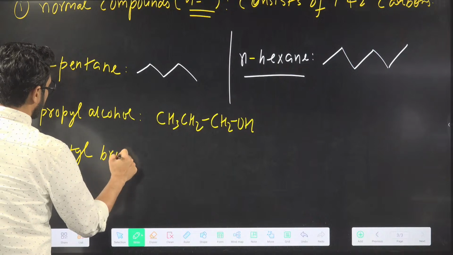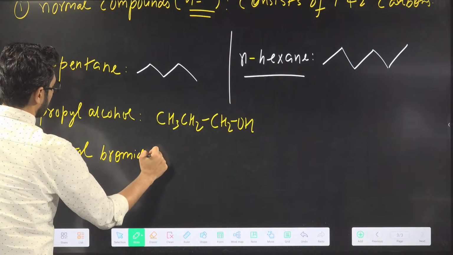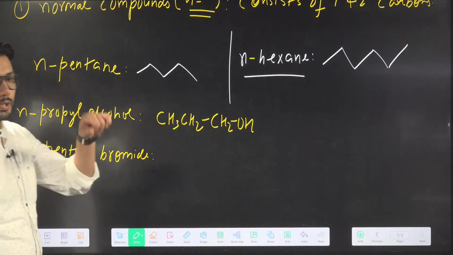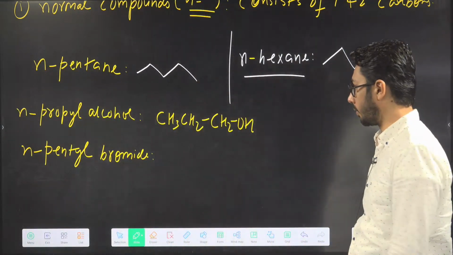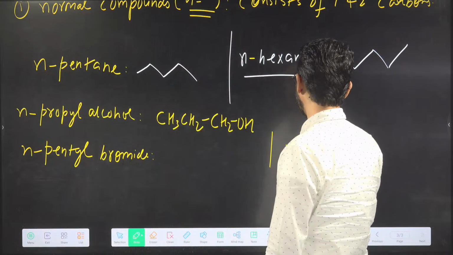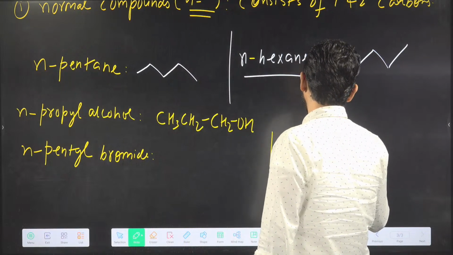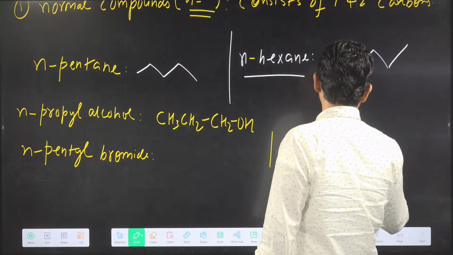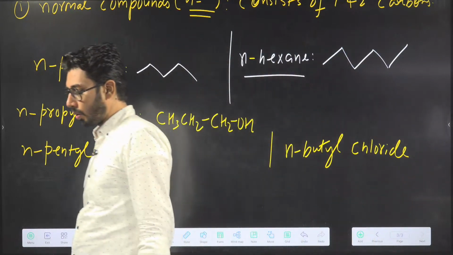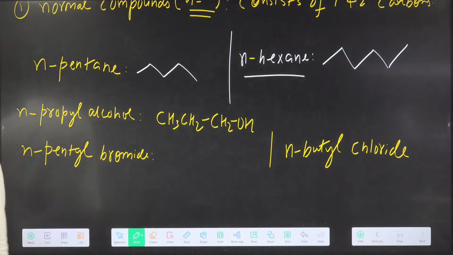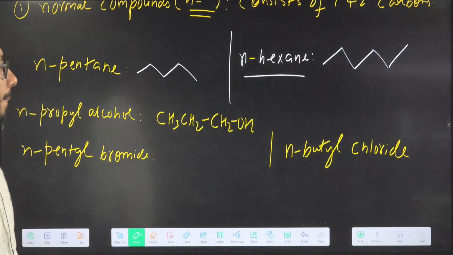N-pentyl bromide. Whatever group, write the straight chain, and with the terminal carbon primary, you will connect the Br. So write down the structure of N-pentyl bromide, N-butyl chloride. N means normal.